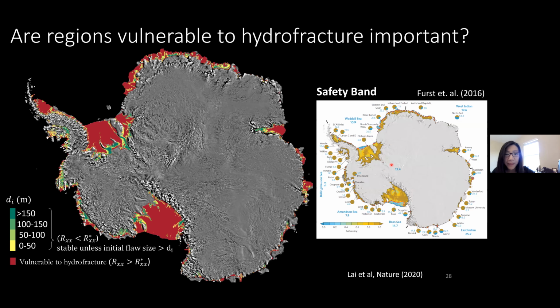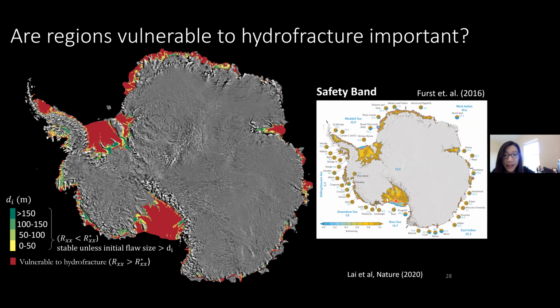So now, are these red areas vulnerable to hydrofracture important for ice sheets? Previously, a numerical experiment was done showing that the removal of the yellow part of the ice shelf can significantly accelerate the flow across the grounding line from the ice sheet.